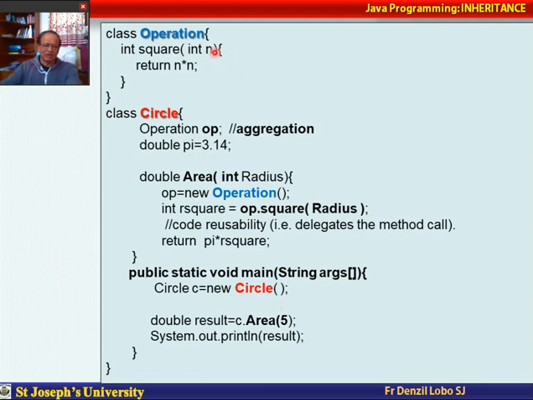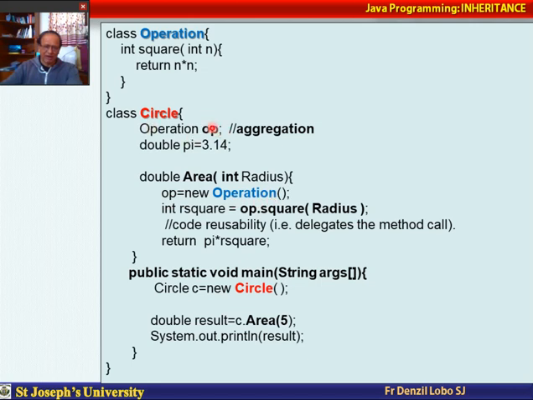And as you see here, I make an operation OP. I make a reference to that OP, and then I have one field here called pi. There is also one more method of the circle class, area. I pass radius to that, and then I say OP is equal to new operation.